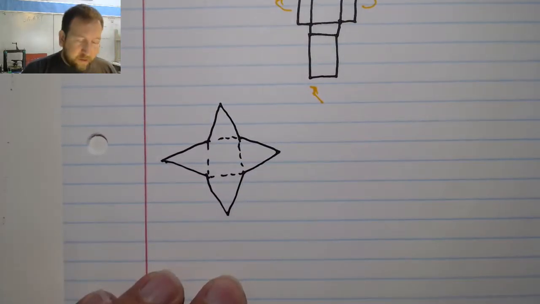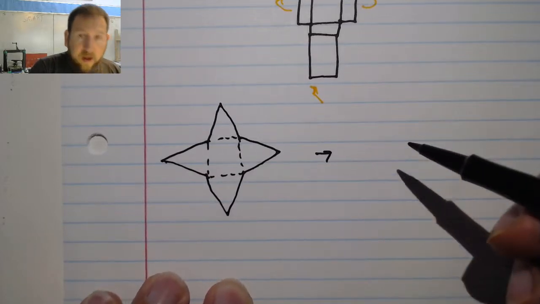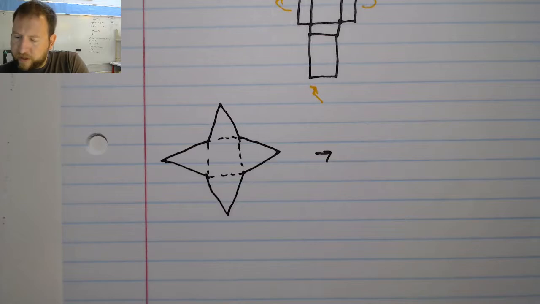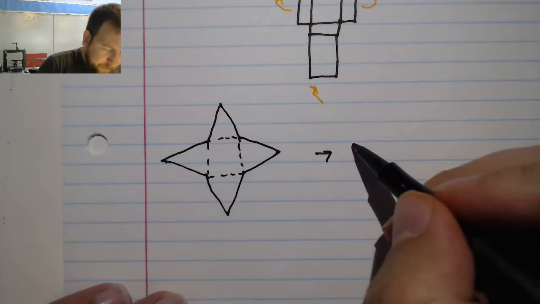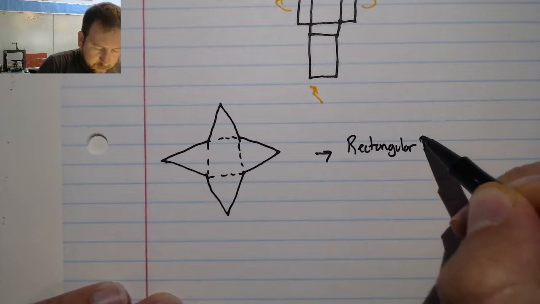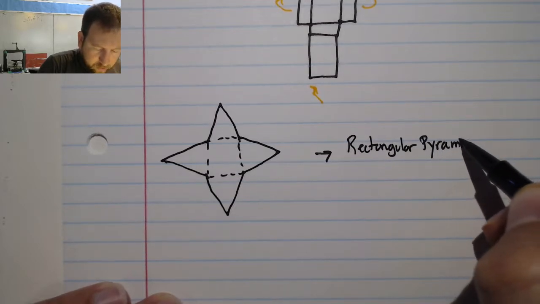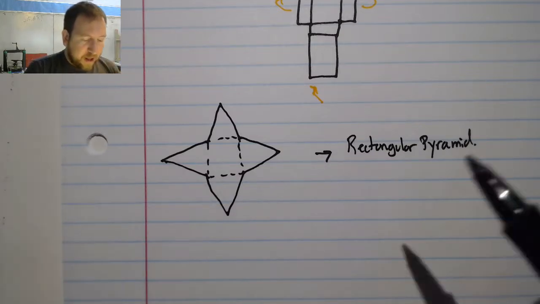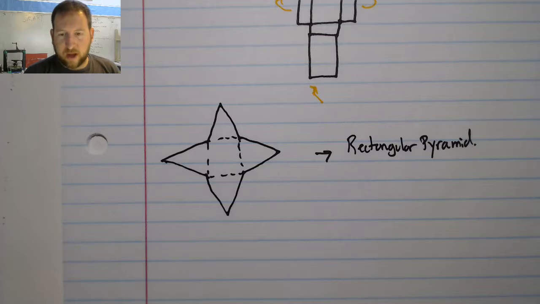And the correct answer for this would be, of course, the square pyramid, the rectangular pyramid. Because you can see if I took those triangles and folded them all up into the pointy top, you would be able to rebuild this shape as we've got.